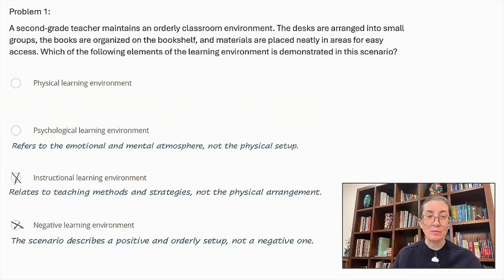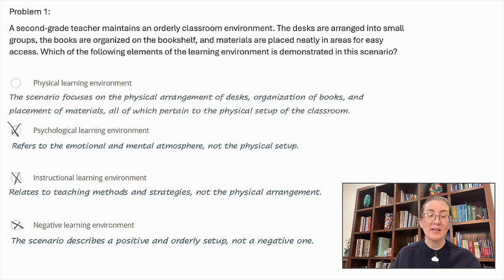This refers to the emotional and mental atmosphere, not the physical setup either, so this is not correct. Physical learning environment. The scenario focuses on the physical arrangement of desks, organization of books, and placement of materials, all of which pertain to the physical setup of the classroom. So this is the correct answer.